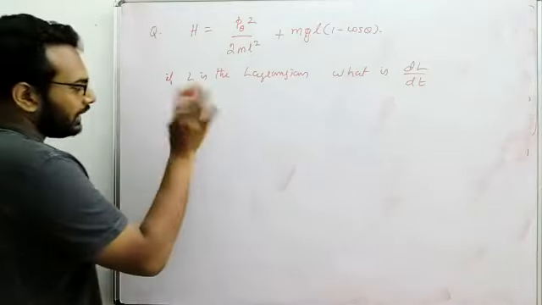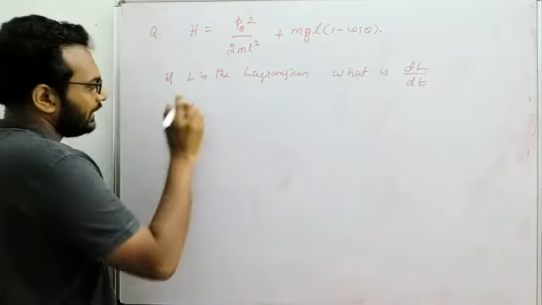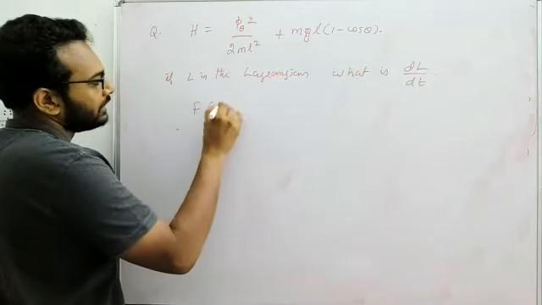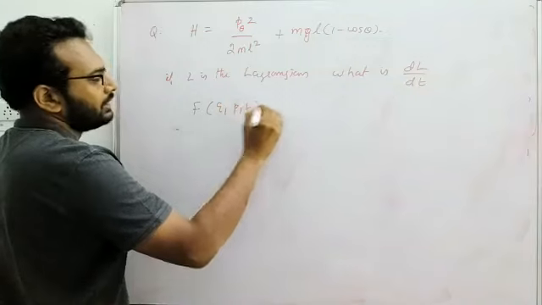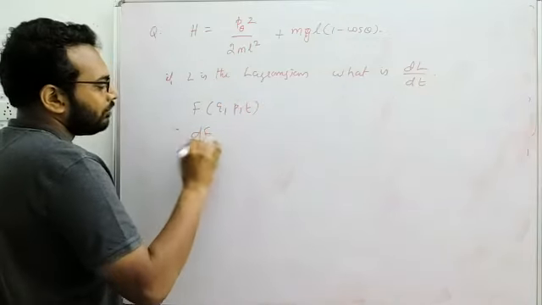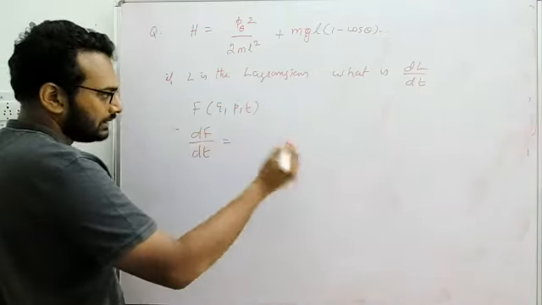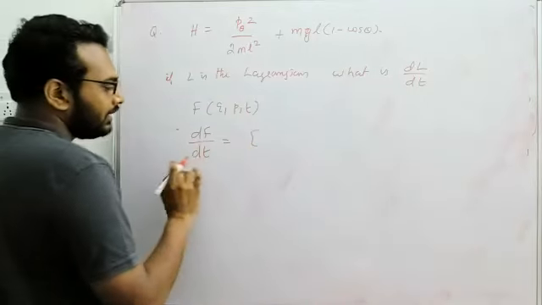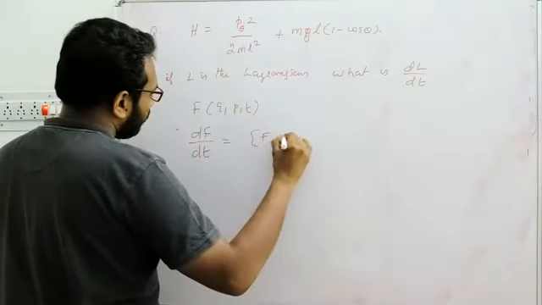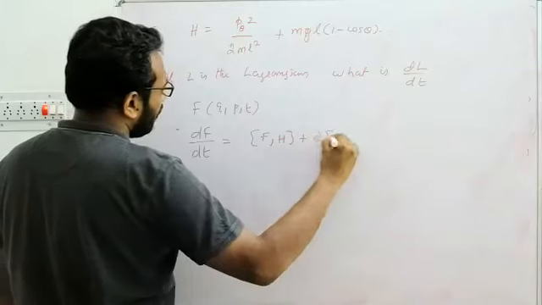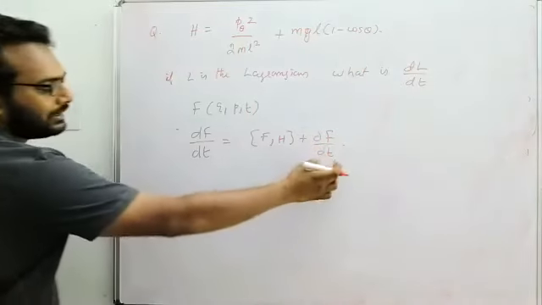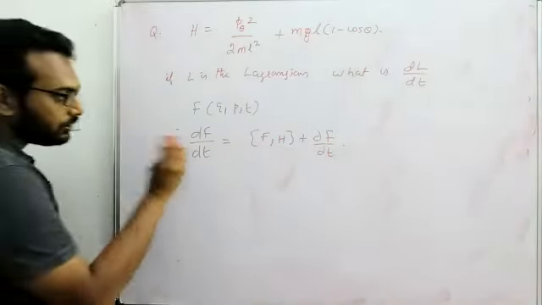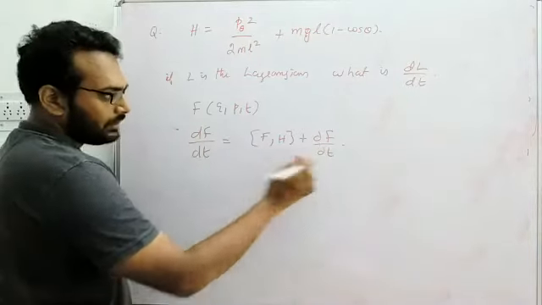Now we know that for any function f of q, p, t, df by dt is equal to {f, H} plus dou f by dou t. This is a fundamental result.